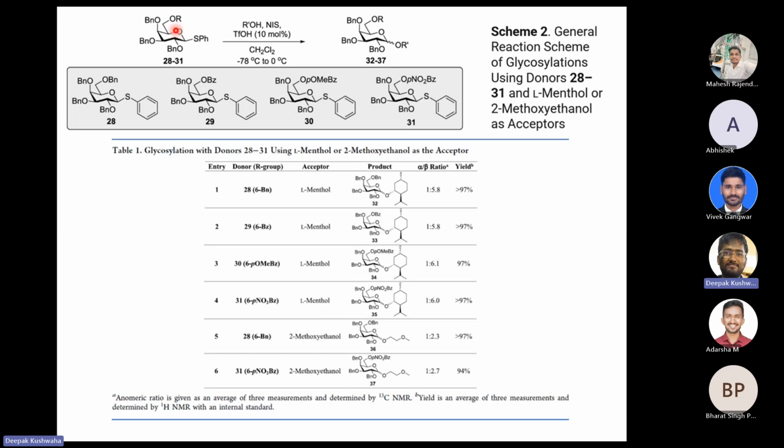So first they have taken this thioglycoside containing various protecting groups at the C6 position, and they have done it similarly as in glucose. They started from a completely OBn protected thioglycoside to OBz, and they observed there is no change in the selectivity they are obtaining.